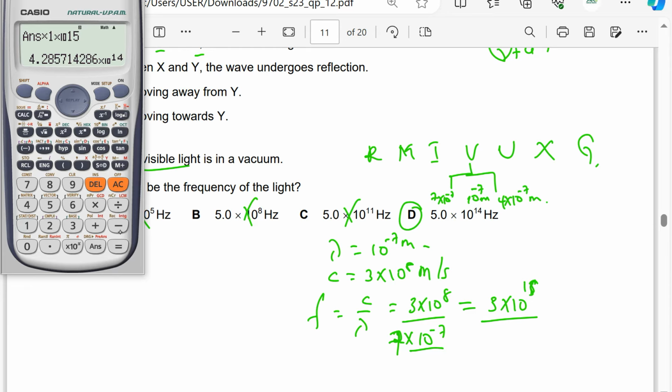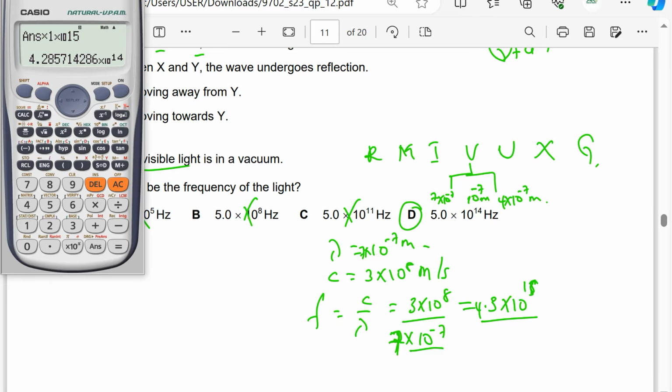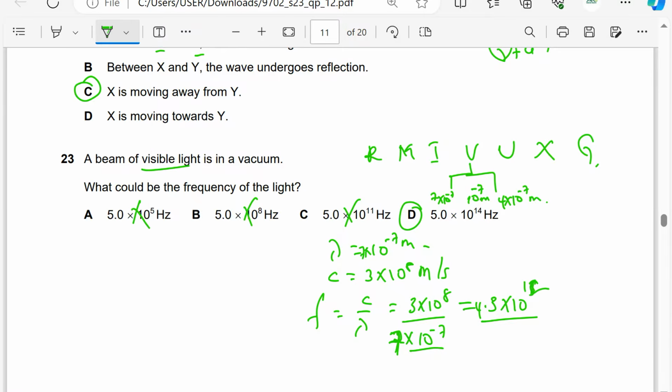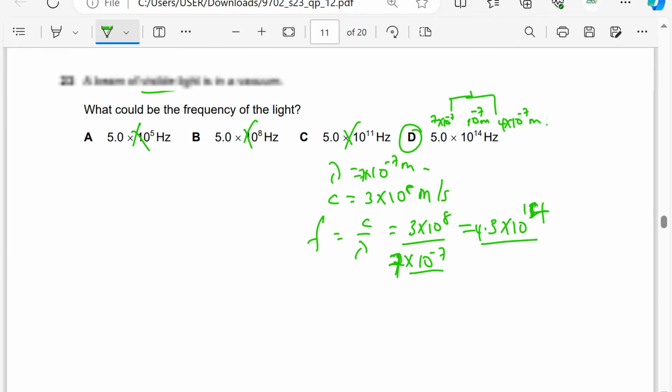So it becomes 10 power 14. So if I take red, 7 times 10 power minus 7, that is 4.3 times 10 power 14. If I take red light, the answer there is D.